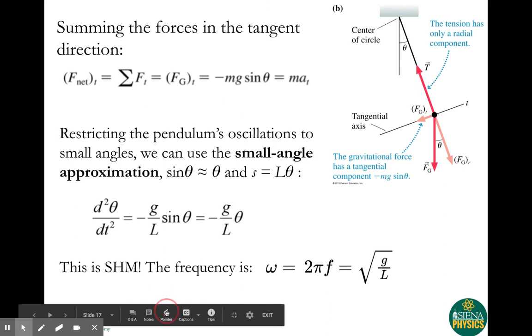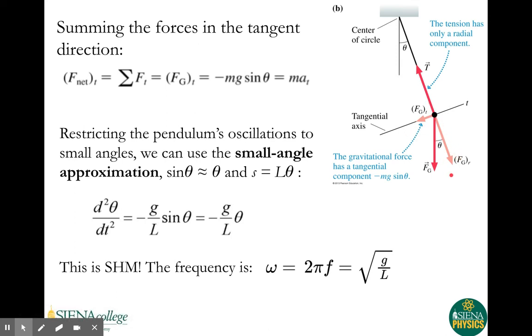Again, we can go through our force analysis, and we're just going to look at the forces in the tangent direction. In the radial direction, the tension in the string will always balance the radial component of gravity, so that just goes to 0. In the tangent direction, we have unbalanced force, so we get acceleration. If we sum the forces in the tangent direction, we have negative mg sine theta, because that would be a positive angle.